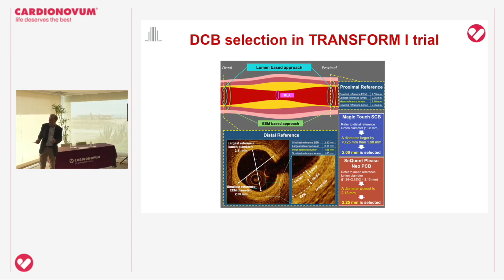Sequent Please was based on the mean reference lumen diameter between the proximal and the distal, so more accounting for the tapering of the vessel. So with Magic Touch they end up with a 2.0 balloon, for instance, for the same vessel where Sequent Please was 2.25. So this is a first methodological issue that may explain a difference in the results.